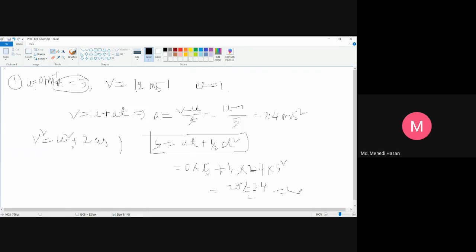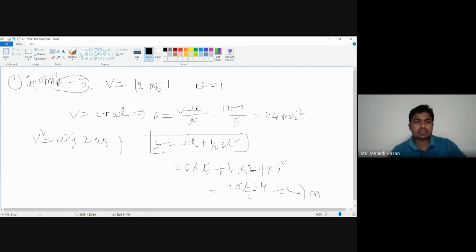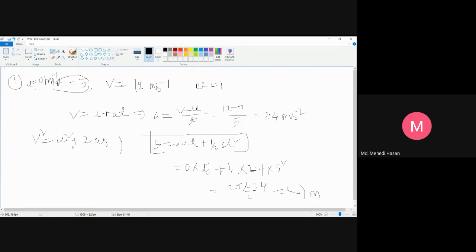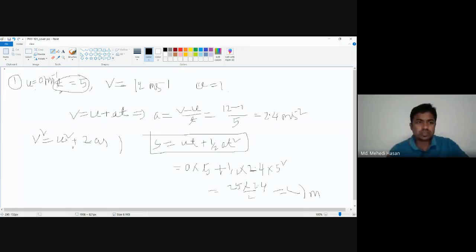If we calculate that, we get the result, and the unit of displacement is meter. All the information will be given in the question, and you just have to put the values in. These are mainly the question pattern for equations of motion.